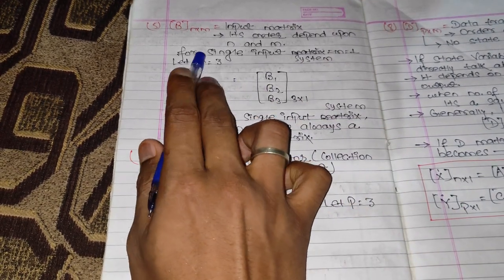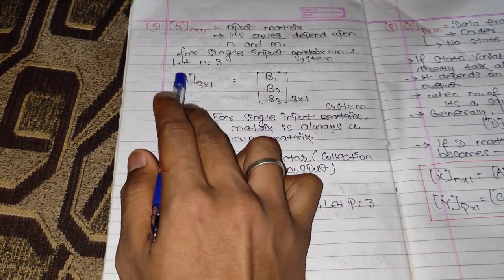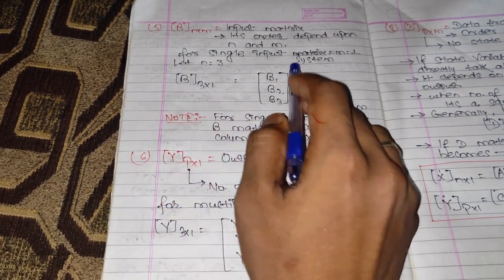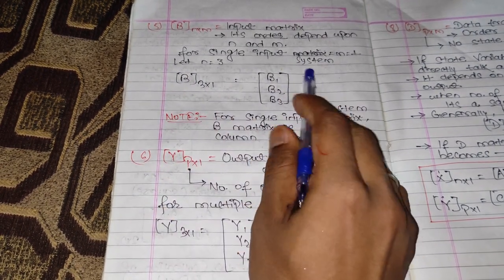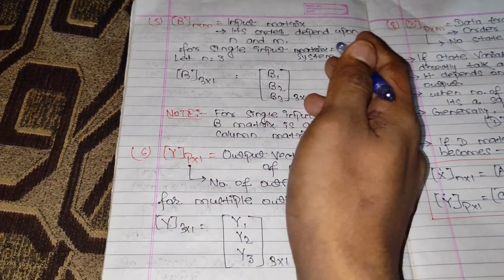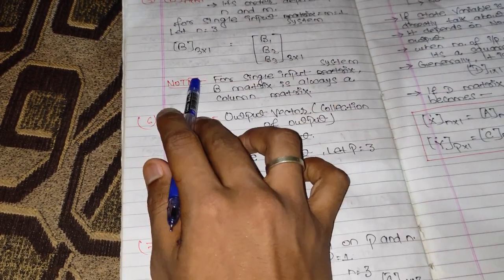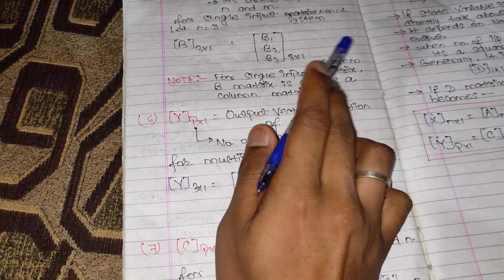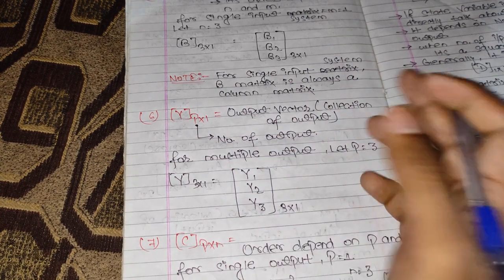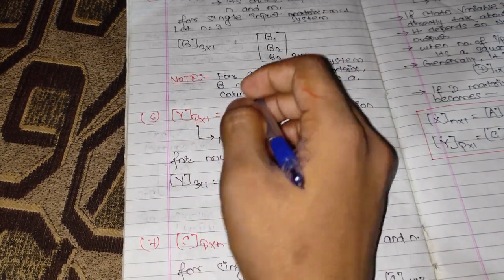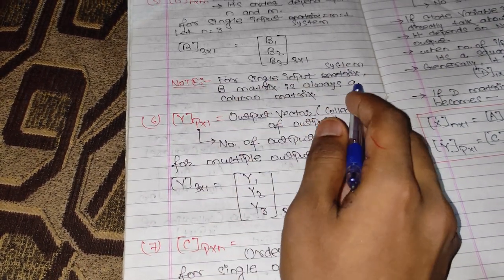Let's take an example, n equal to 3. So the matrix will be B, 3 cross 1: b1, b2, b3. This is the matrix we get after putting in these values. Here is a point to note: if a system is a single input system, then the B matrix is always a column matrix.